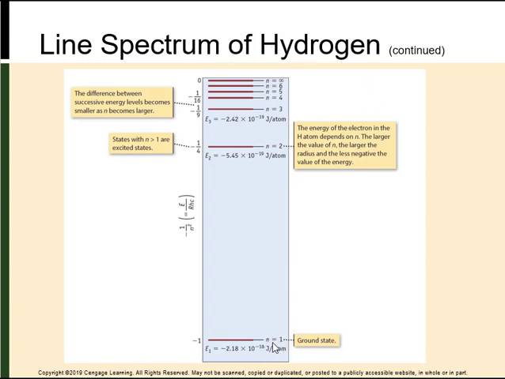This is when n equals 1, so this is my first orbital, my ground state. And then we can see the energy associated with the electron at the ground state, and the energy when n equals 2, and then the energy when n equals 3. And we can see that the difference between these successive energy levels becomes smaller as n gets larger.